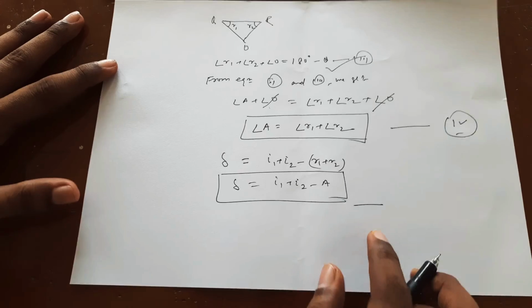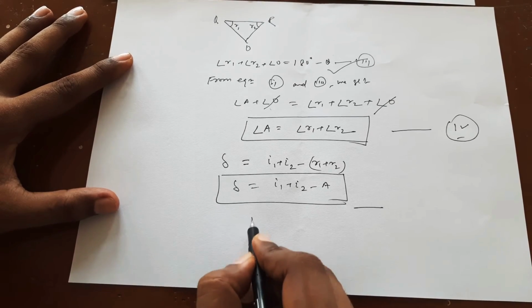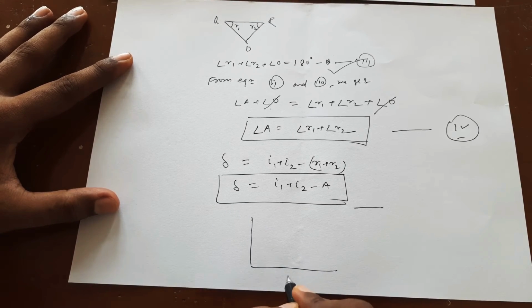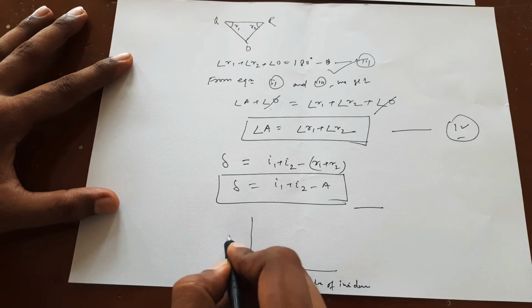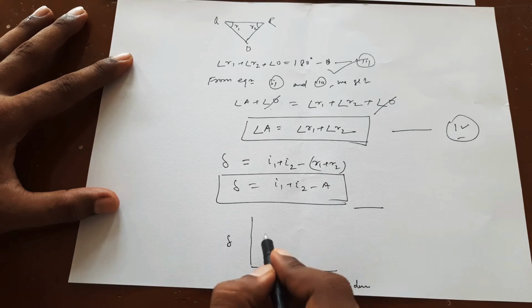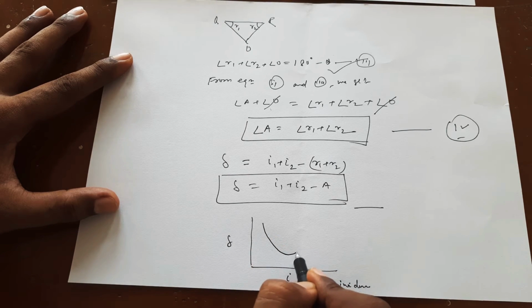Now if I plot I, angle of incidence, along the x-axis, and delta along the y-axis, I get a curve like this.